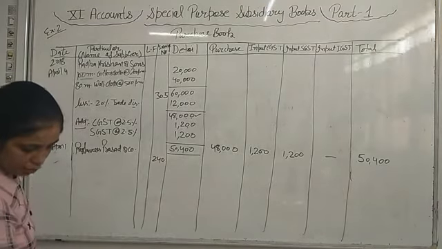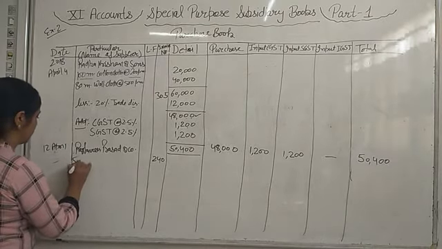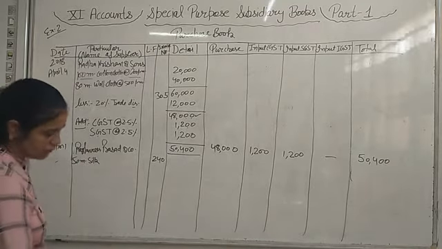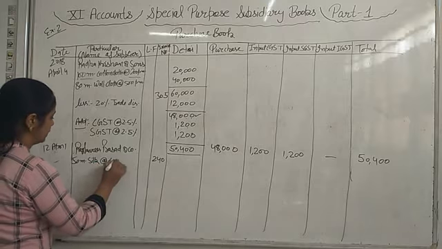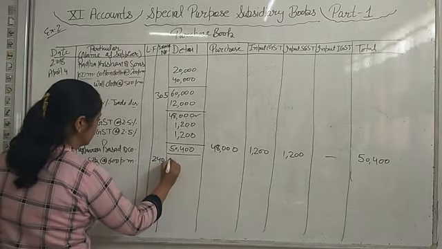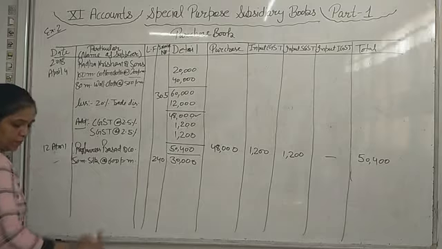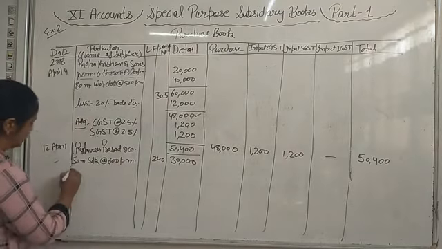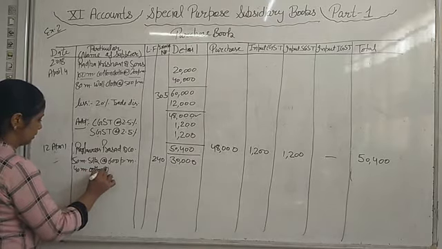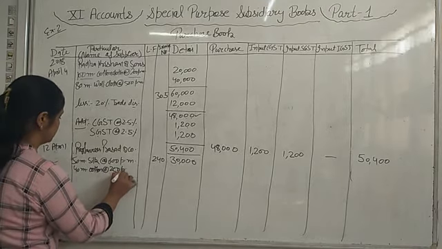Now in the detail you will write which type of goods we have purchased. 50 meter silk cloth at the rate of 600 per meter, total 30,000. Then we have purchased 40 meter cotton cloth at the rate of 250 per meter.